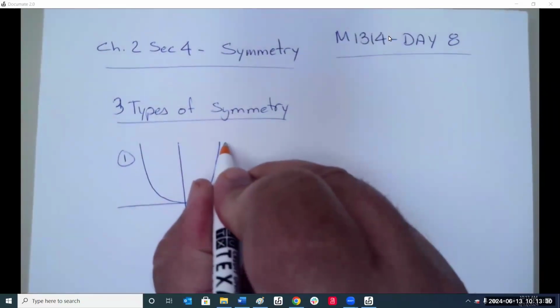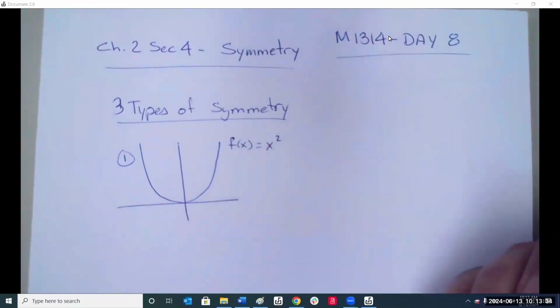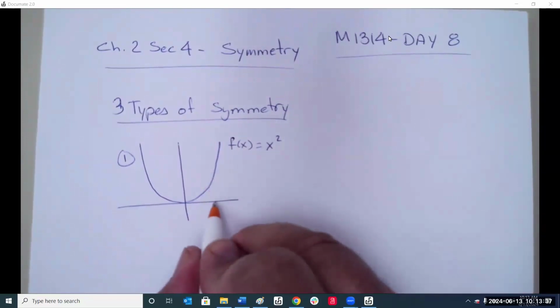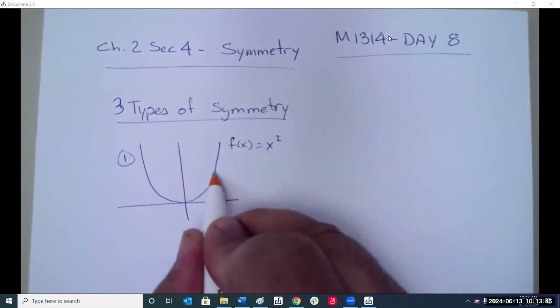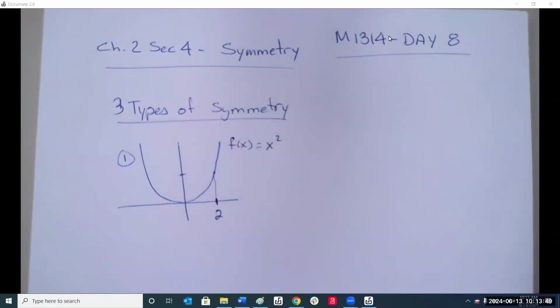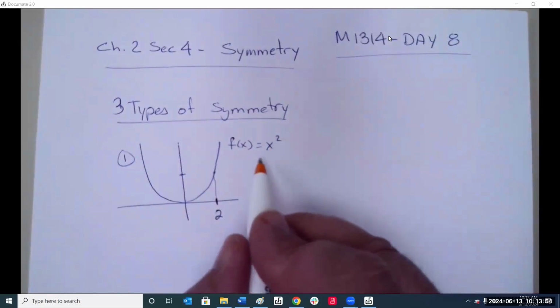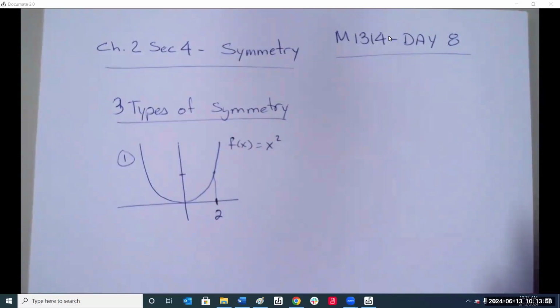For example, this is the function x squared. If I put 2 inside there, what's my y value going to be? This is my x-axis. If I put x in as 2, what's my y going to be?